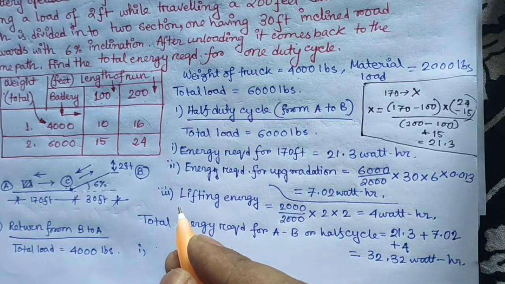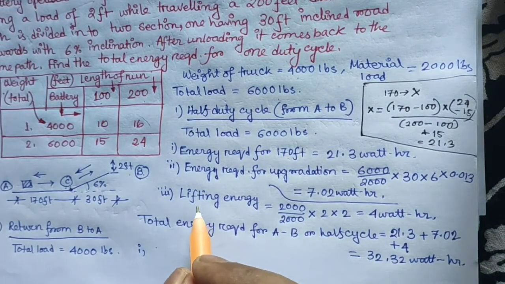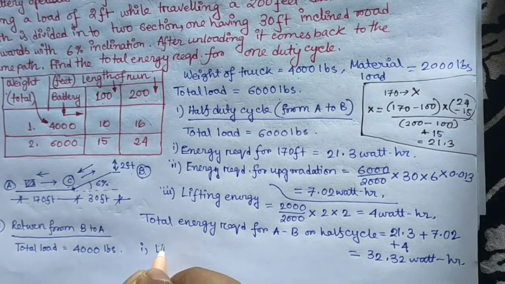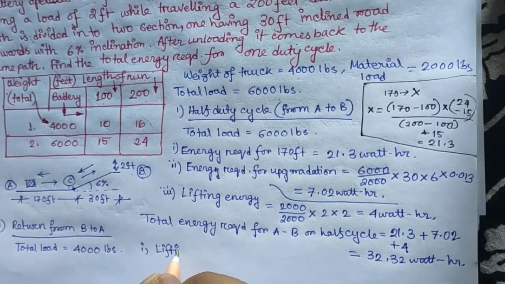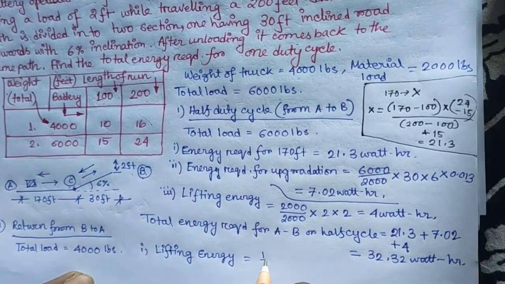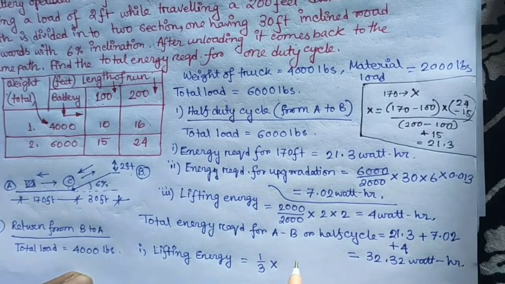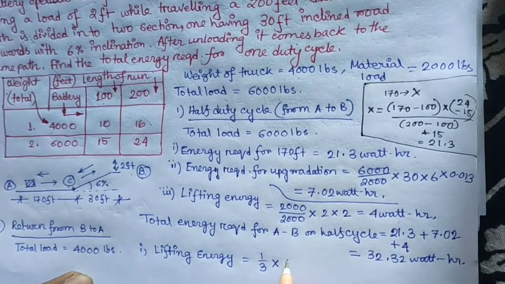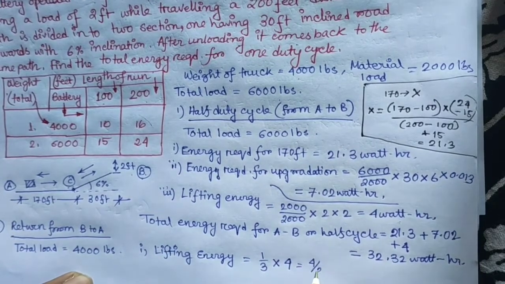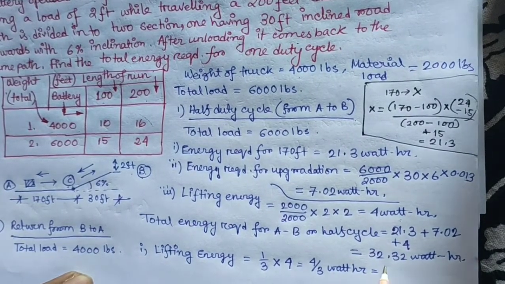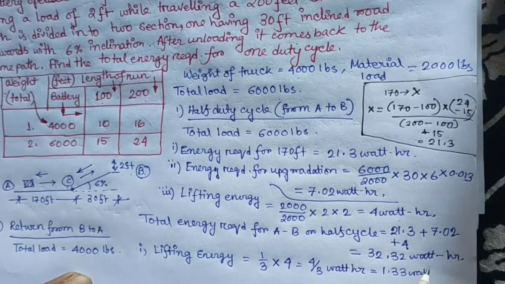So if I go to this return cycle, then first of all we need to find out the lifting energy. Lifting energy here will be free lift. Lifting energy required, that is free lift means 1/3 of the total lifting energy. That means total lifting energy is 4 watt hour. So it will be 4/3 watt hour, or you can say 4/3 means 1.33 watt hour.